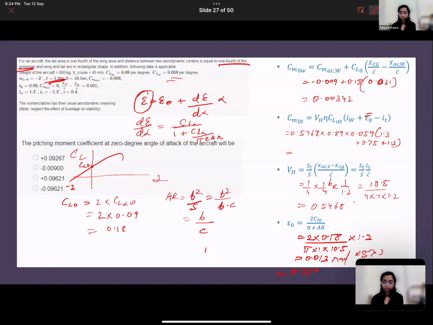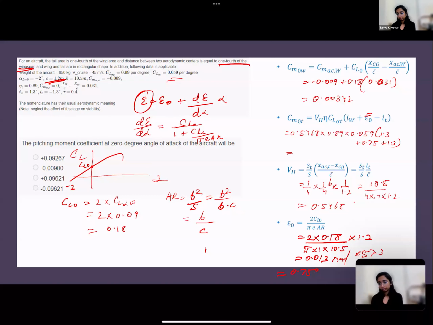How much is CM naught tail? How much is CM naught tail?